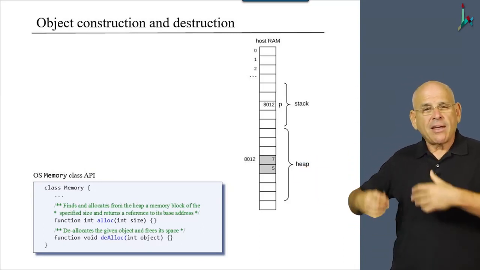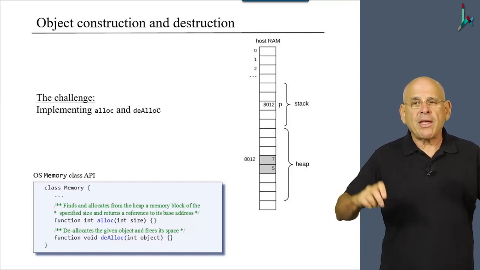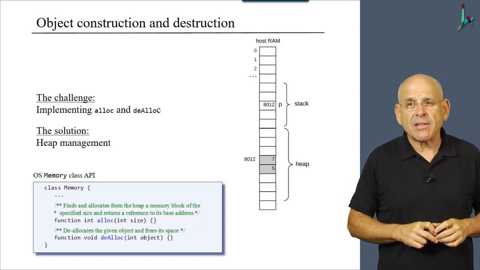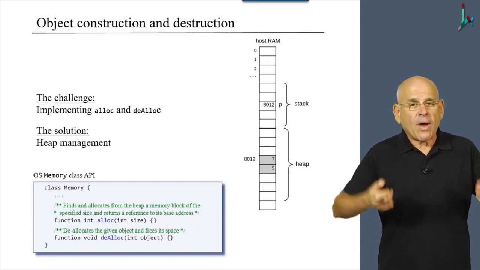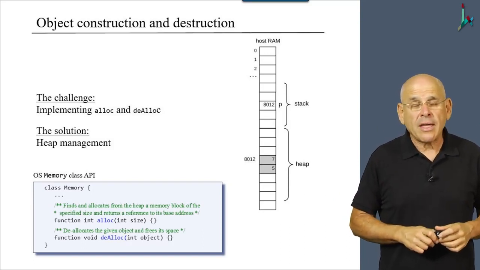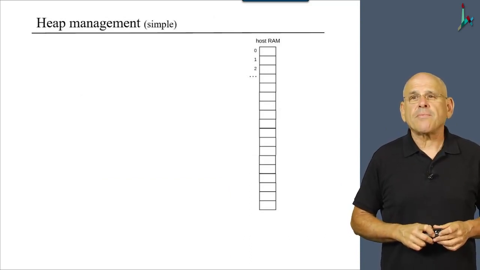Now let us take one step downward and talk about how we actually have to implement these things at the OS level. How do we do it? Well, we do it using an ingenious technique called heap management, and that's what we're going to discuss next.